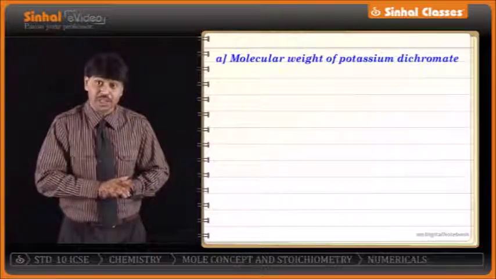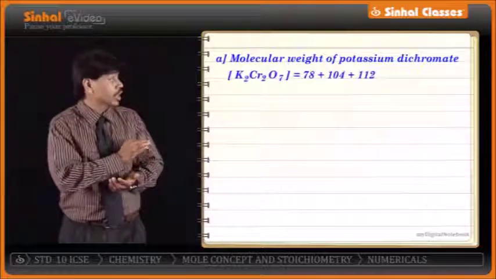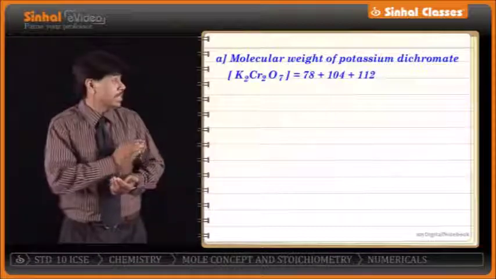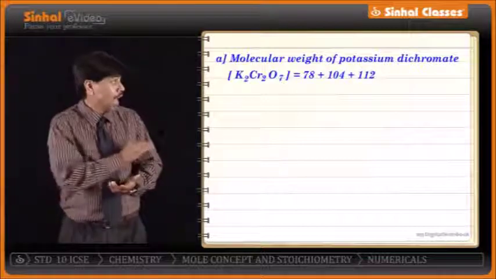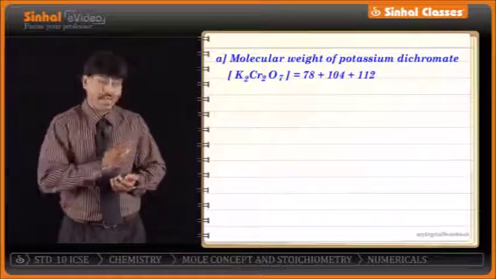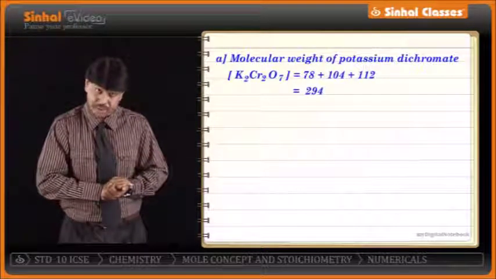The formula for potassium dichromate is K2Cr2O7. So K2 will be 78, Cr2 is 104 and O7 will be 112. When we add all these weights, we get 294 grams.